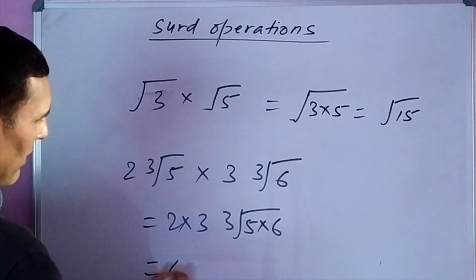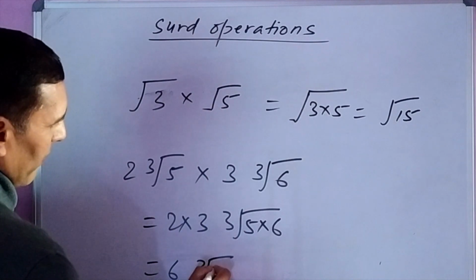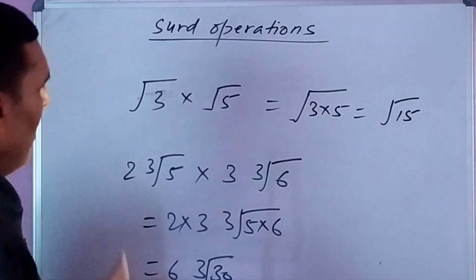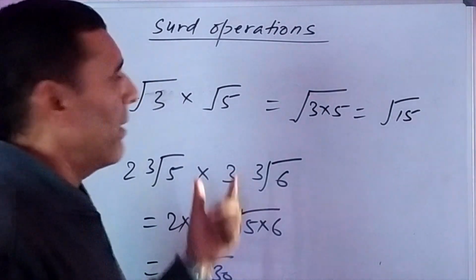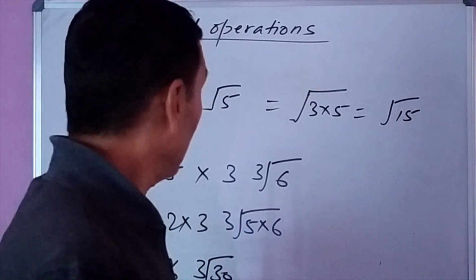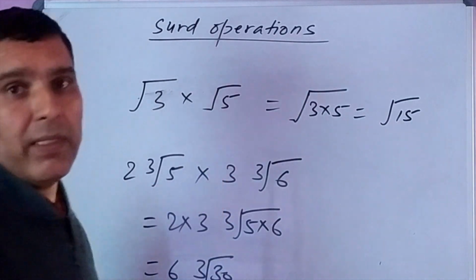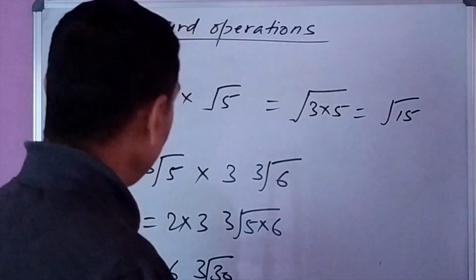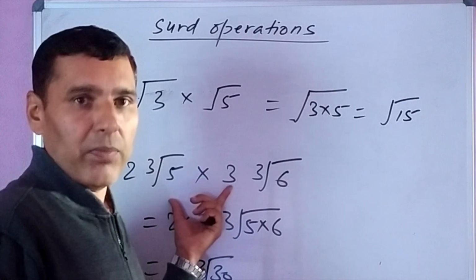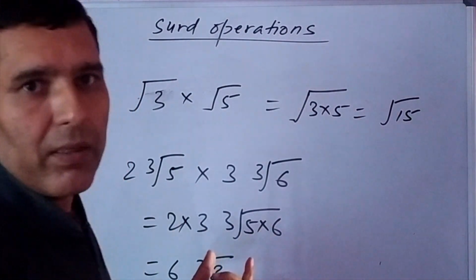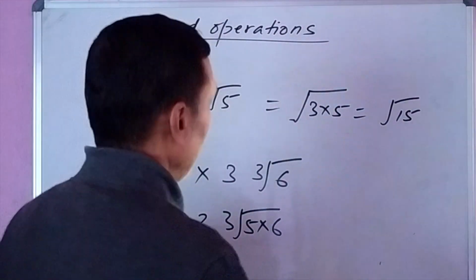So it is 6 times cube root of 30. So in this way we can multiply sorts. For the multiplication of sorts, their order should be the same. Radicands may be different, but the order should be the same. Without having the same order, we cannot multiply the sorts.